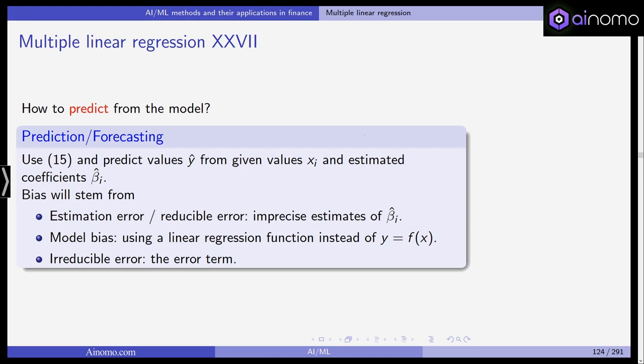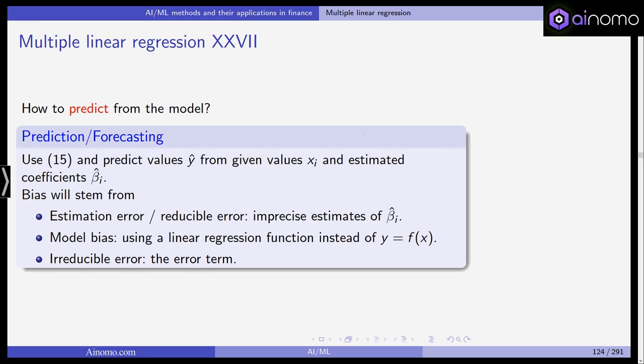We have made some assumptions on the error term, for example, that it has an expectation of 0 and constant variance, but we still have the error term. So even if our model is correct, if it's a linear function, even if we've estimated the coefficients perfectly, there is still some irreducible error that stems from the fact that some noise will always be in the data, and that's the error term. So never expect your predicted values to be 100% perfect, because we have 3 sources of errors, 3 sources of biases in our predicted values.